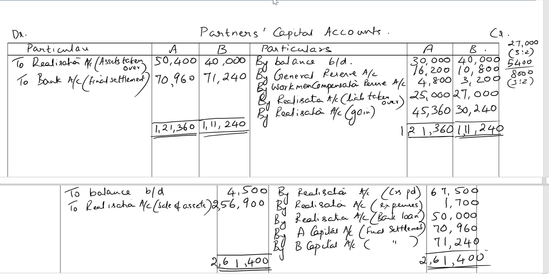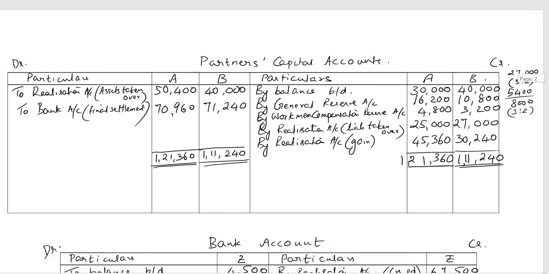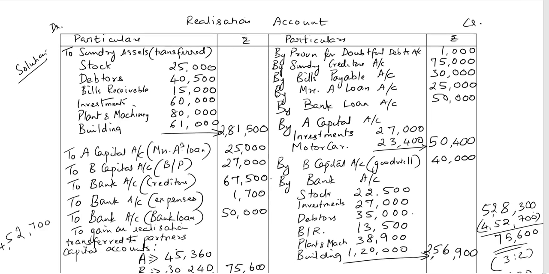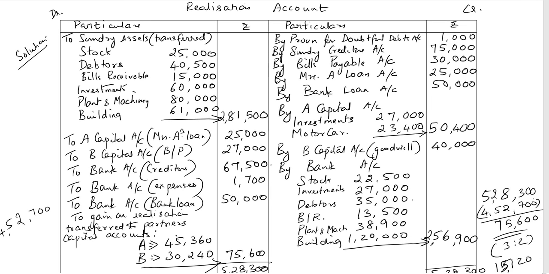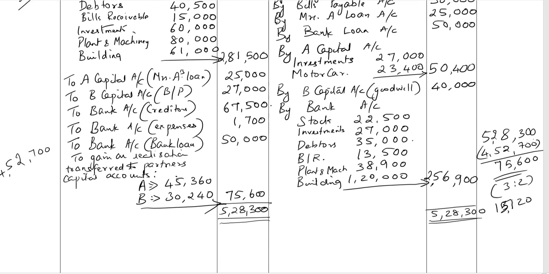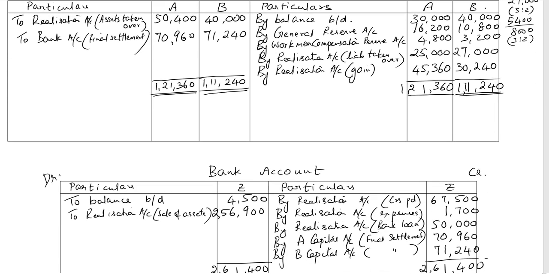I'll remove the split and we can view all the accounts together. This was the realization account, followed by the partners' capital accounts and then the bank account.